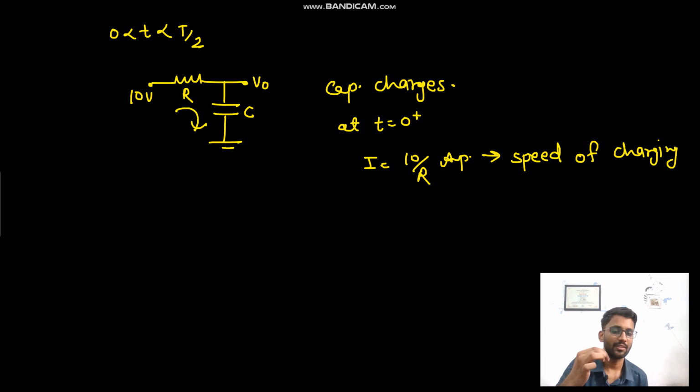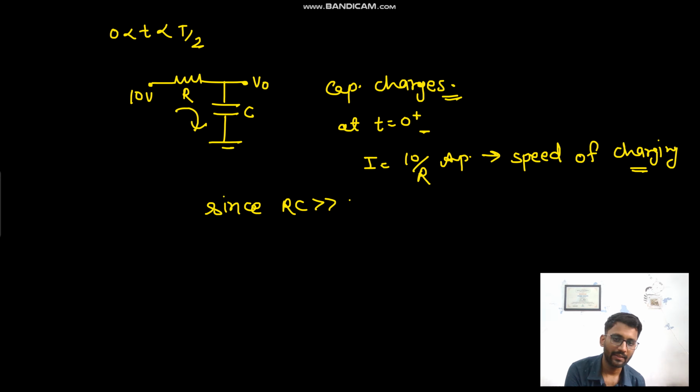Then slowly there will be some charge developed across the capacitor. Then if the charge is developed, the further current will charge the capacitor. So at t equals 0 plus, this is the speed of charging, right? So now the capacitor charges. Since RC is very much greater than T by 2, the capacitor doesn't charge completely.